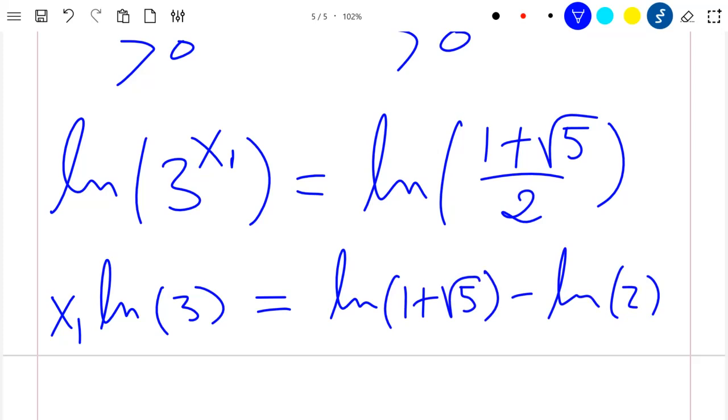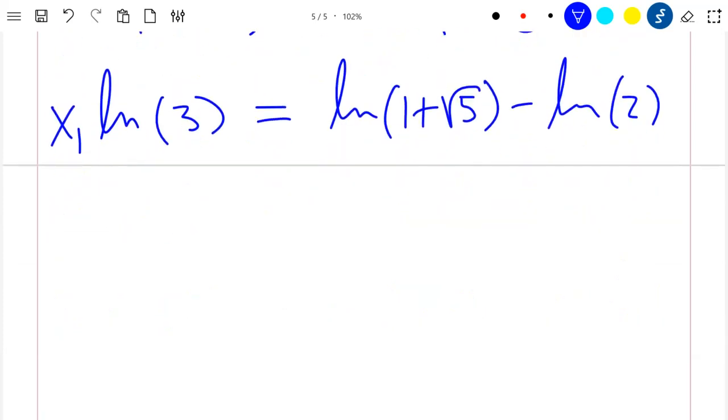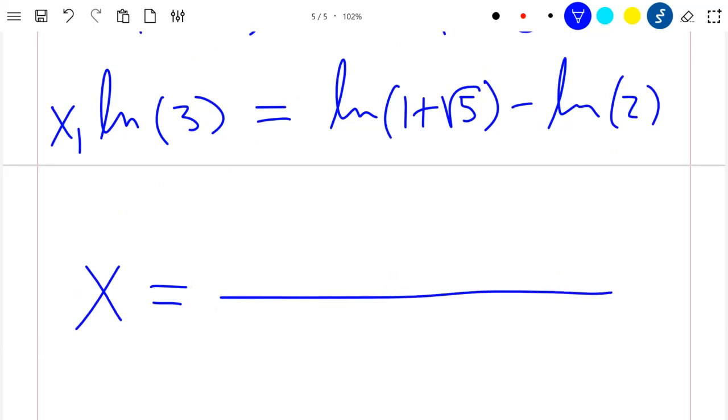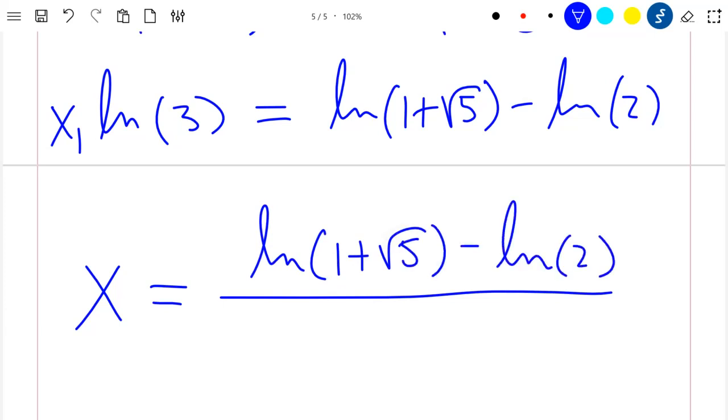This implies that my solution x, let me call it just x because it is the only solution we have now, is equal to ln of 1 plus the square root of 5 minus ln of 2, divided by ln of 3.